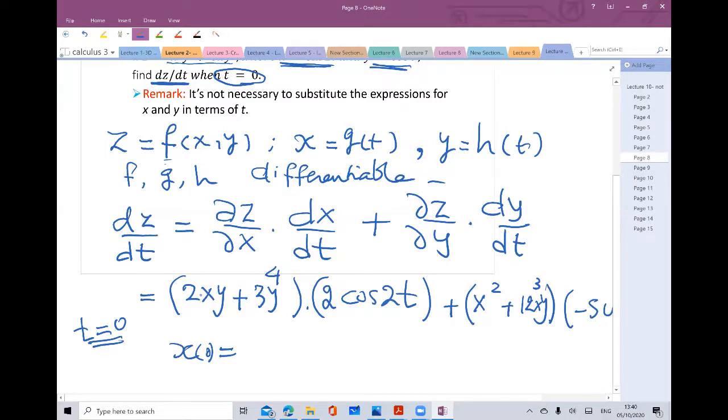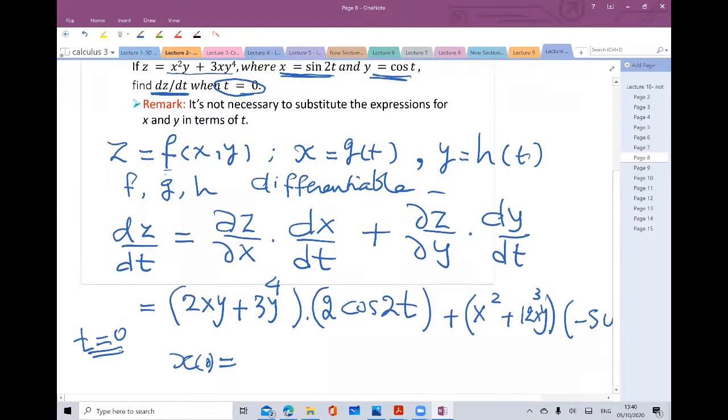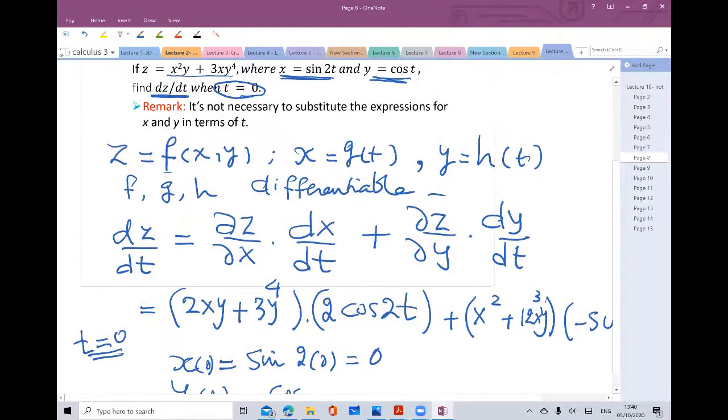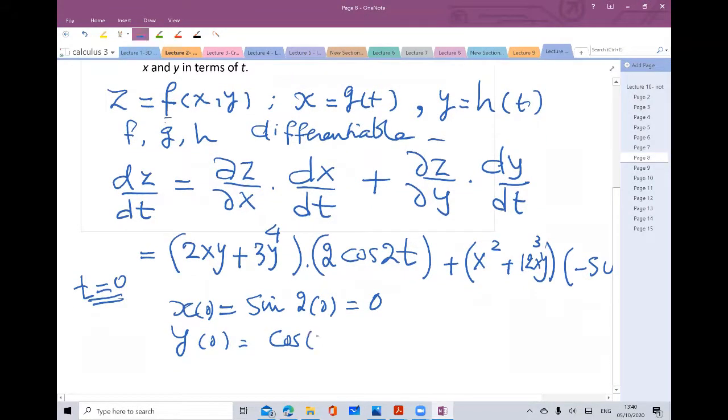I could simply find the value of x at 0. I know x is the function sine 2t, and I have sine 0, which is 0. So x is 0. And y at 0: y is the function cosine t, and we have cosine 0, which is 1. Plus, I know the values.